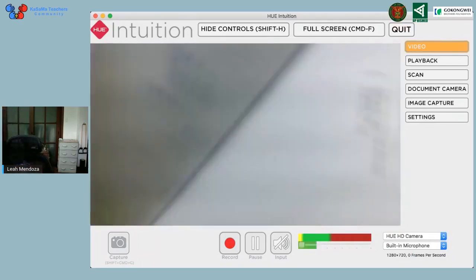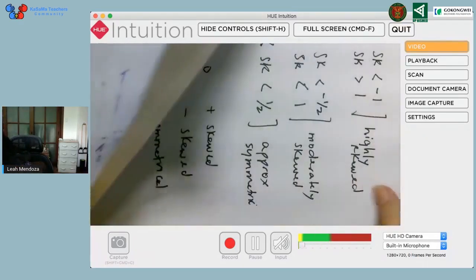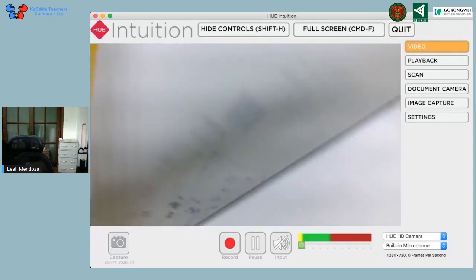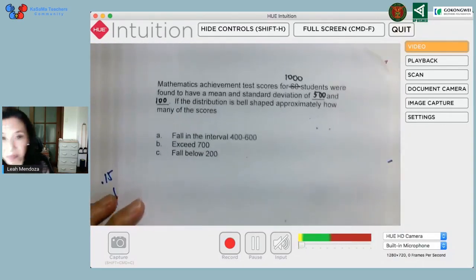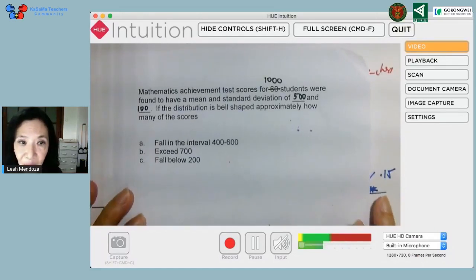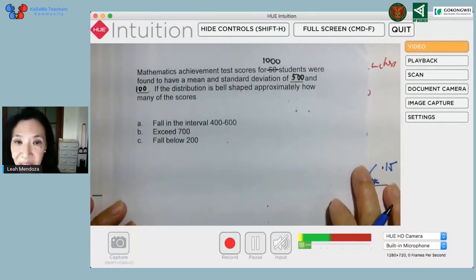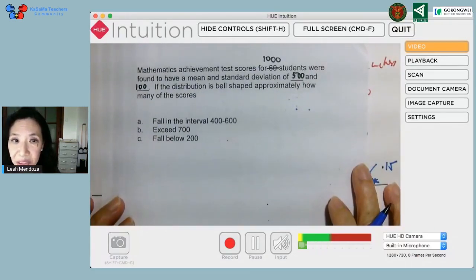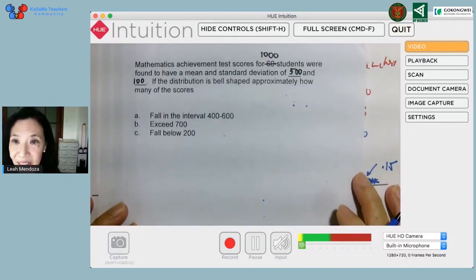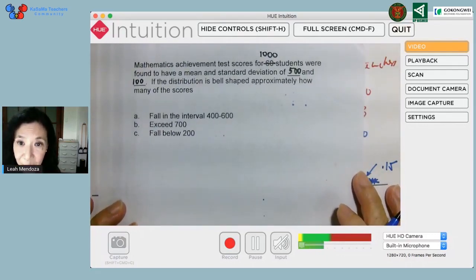So let us do this example. Mathematics achievement test scores for 1,000 students were found to have a mean and standard deviation of 500 and 100 respectively.